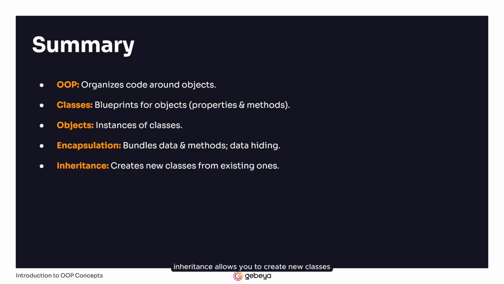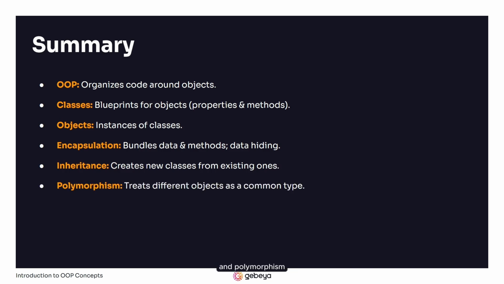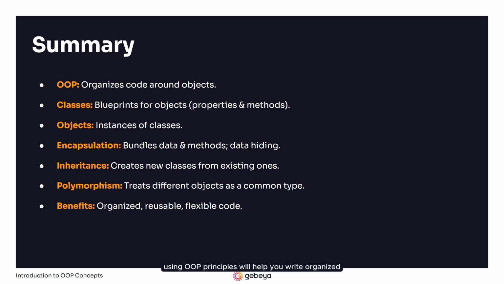Inheritance allows you to create new classes based on existing ones. And polymorphism allows you to treat different objects as a common type, giving your code flexibility. Using OOP principles will help you write organized, reusable, and flexible code, making you a more effective Flutter developer.